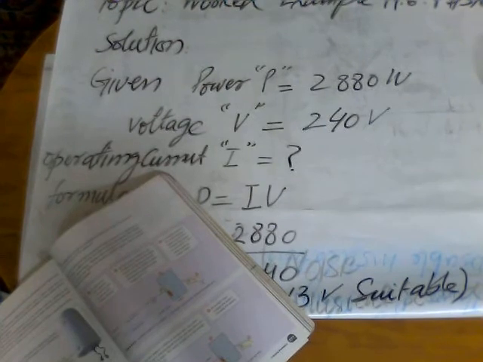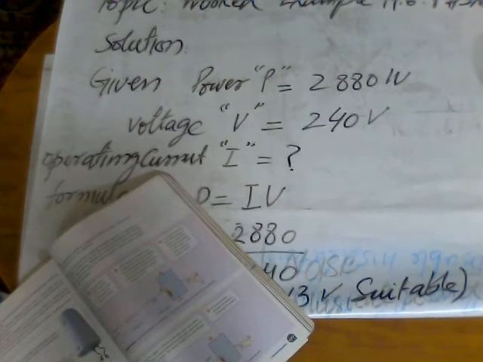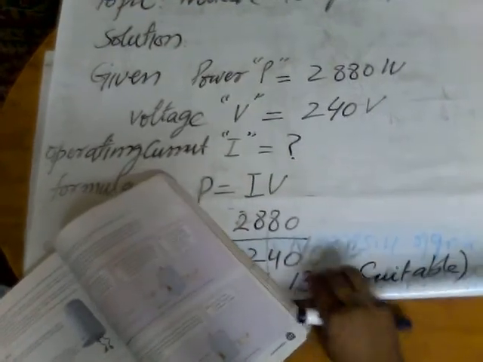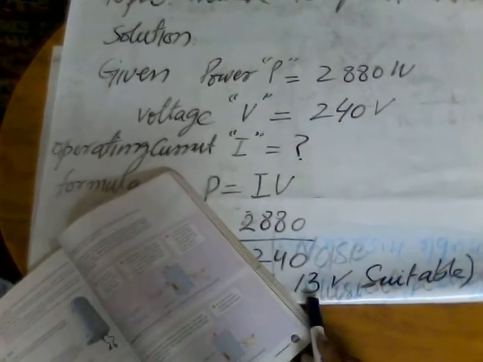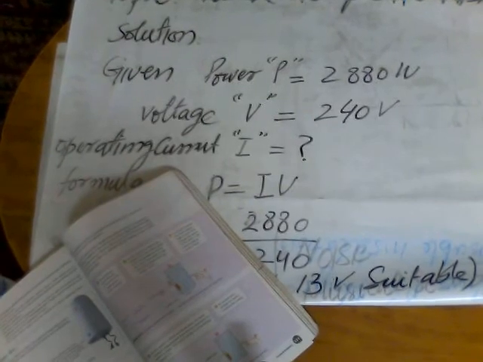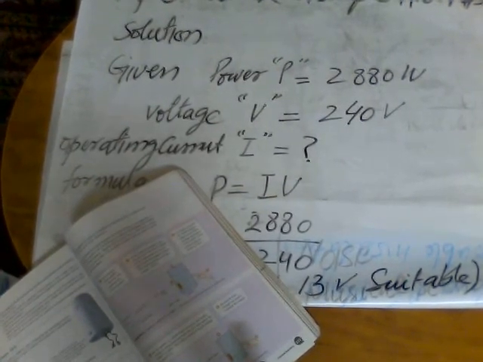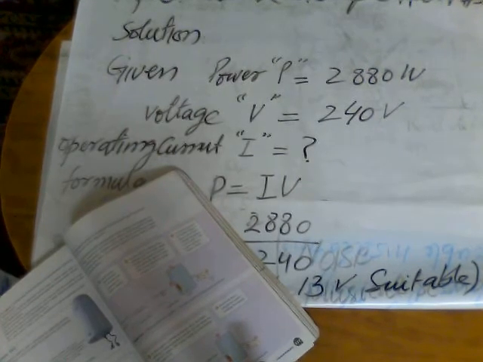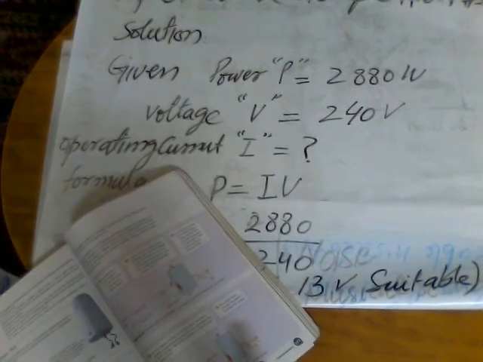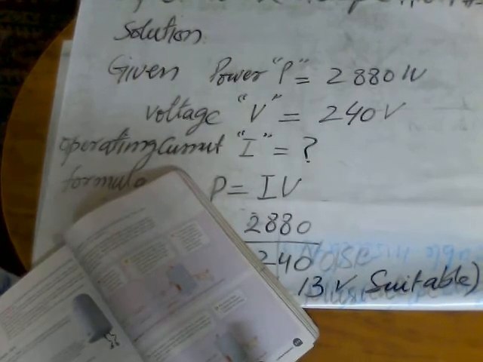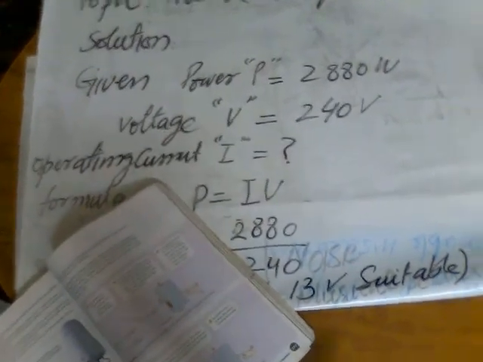We got the operating current 12. This means at least we have to use a fuse that is 13, a little higher than that operating current. So we should use a fuse of 13 ampere.